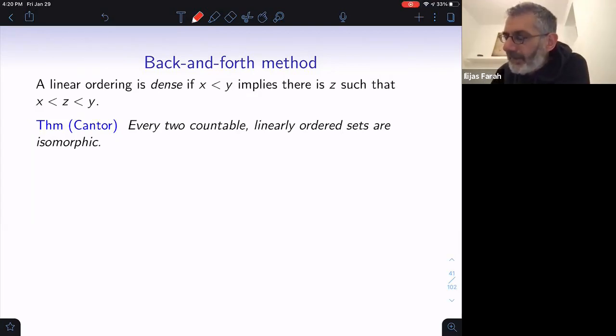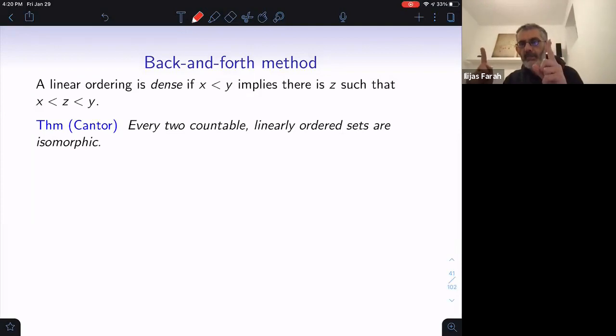So here's the definition. If you have a linear ordering, it is said to be dense, or sometimes people say dense in itself, to be precise, if between any two distinct points, you can stick another point. Just think of the rational numbers, right? They are a template for dense linear orderings. But also think of the irrational numbers, think of the real numbers. They're all dense in themselves.